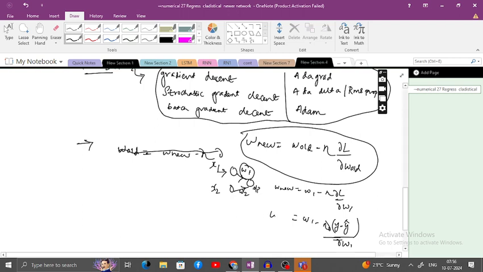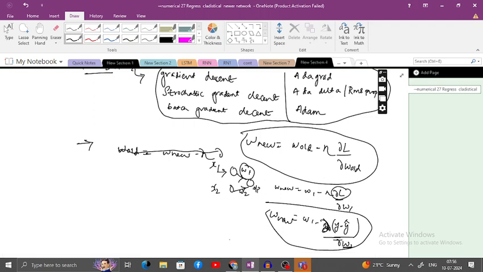So W new is going to be updated like this. See, we defined the loss as y minus y hat. So you differentiate y minus y hat with respect to W1. You differentiate the error with respect to the older weights.